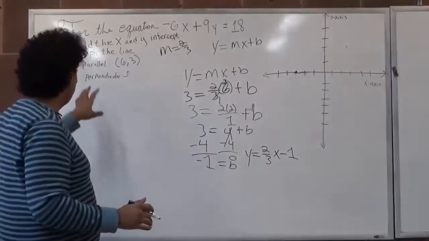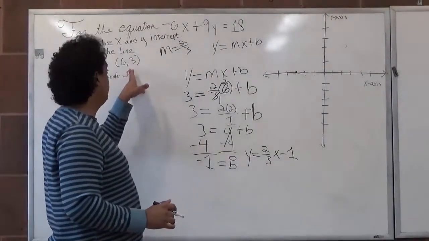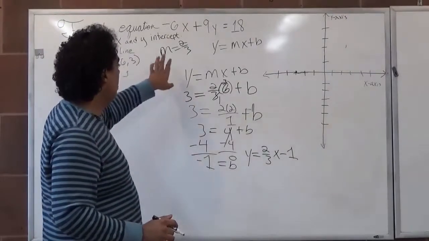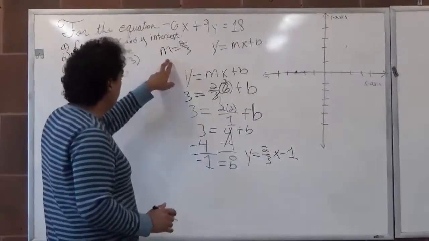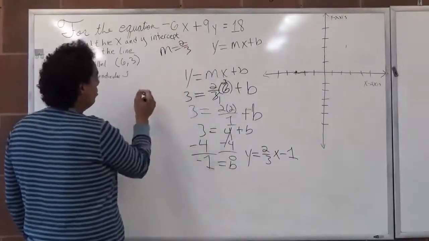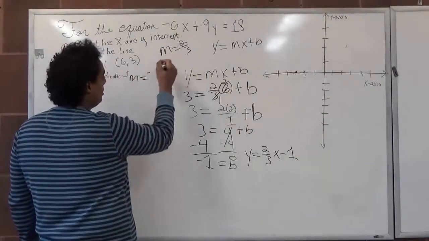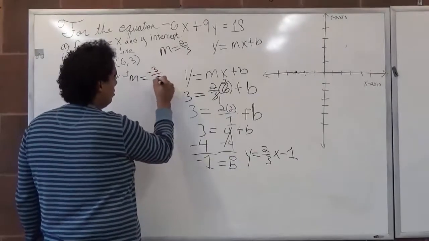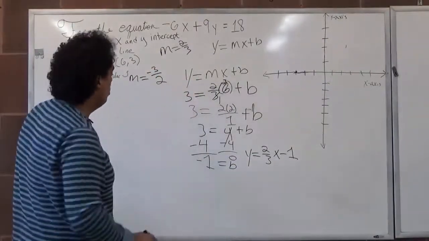To solve for a perpendicular line that passes through the same point, we need to get the negative reciprocal of our current slope. So we flip it and change the sign. If it equals 2/3, m is equal to negative 3 over 2. We follow the same exact process and plug into our formula.